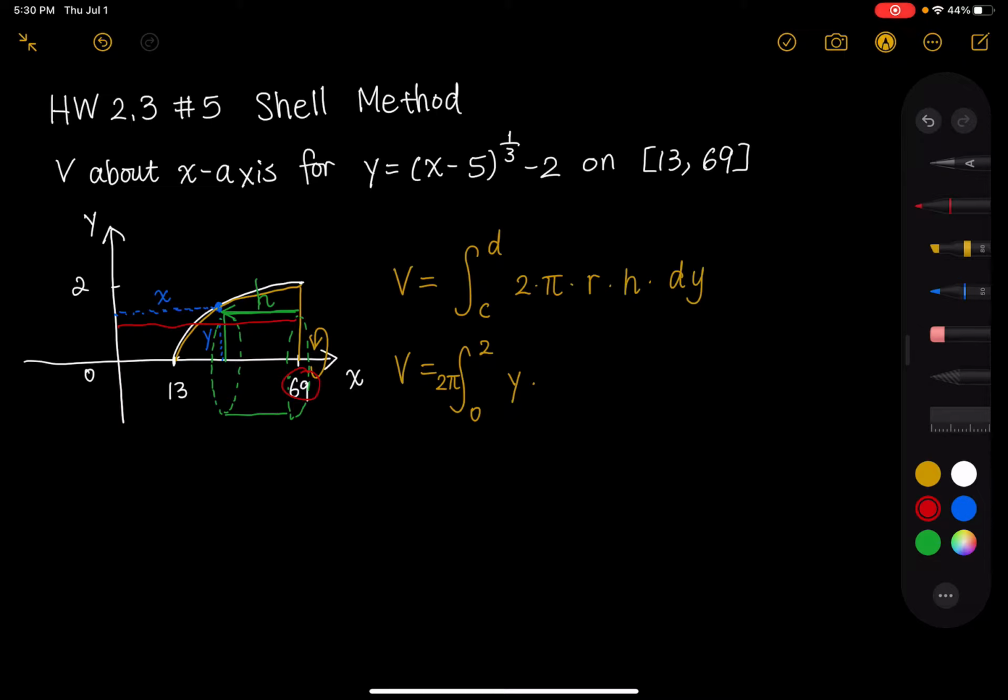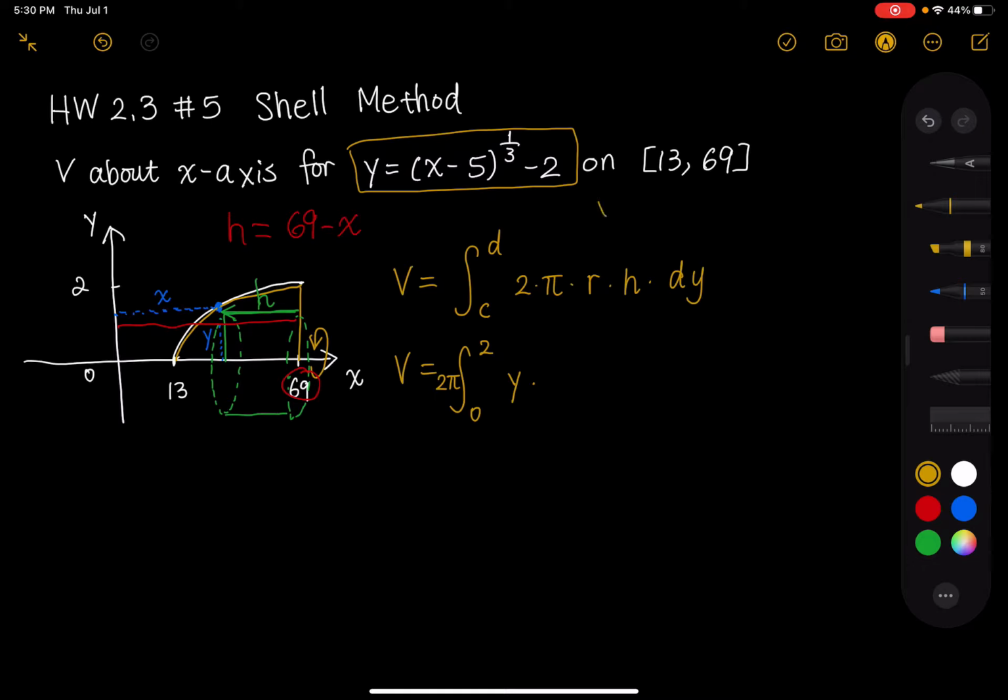So our height is actually 69 subtract x. But we can't just plug in x in here. We have to solve for x in terms of y. So if you go back to the original function, we just solve for x, okay?